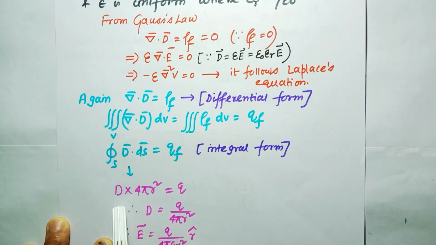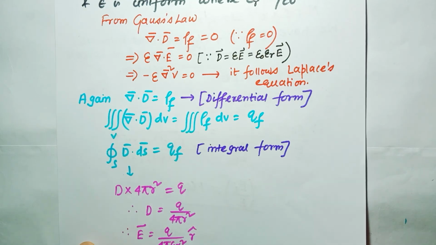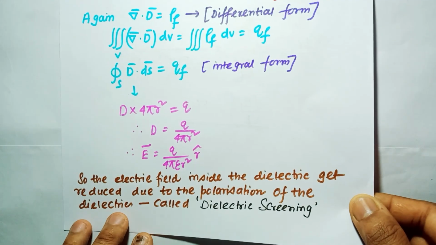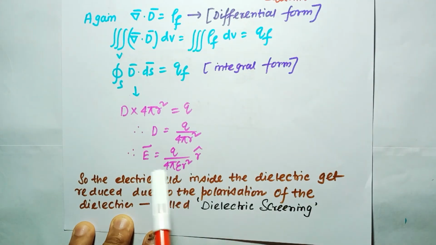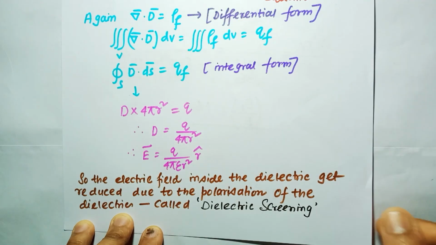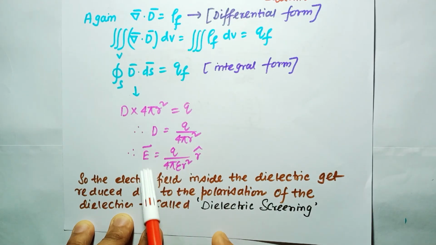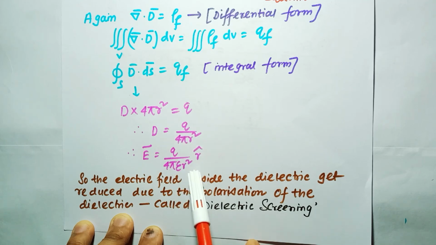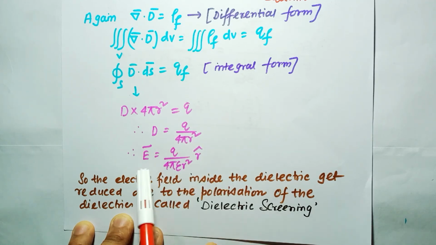So the displacement vector times the surface area of the sphere, 4 pi r square, is equal to q, what I have placed inside the dielectric. So the displacement vector becomes D is equal to q by 4 pi r square. Now from the relation E is equal to D by epsilon, it becomes q by 4 pi epsilon r square times r cap in vector notation.